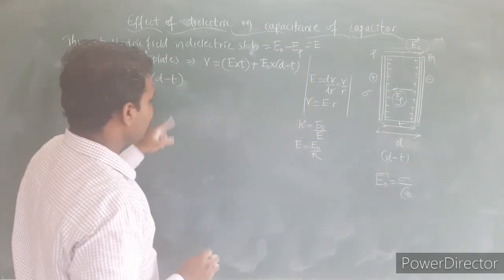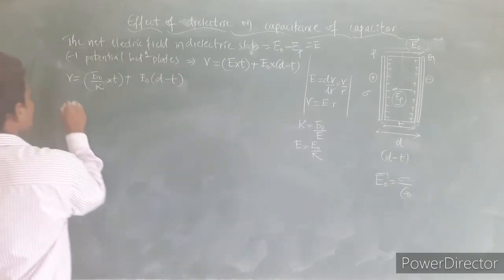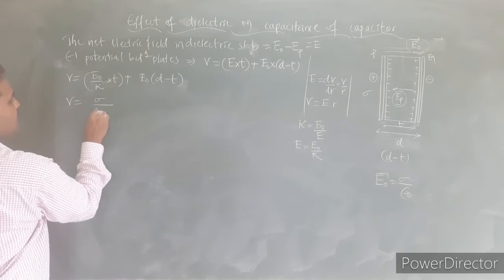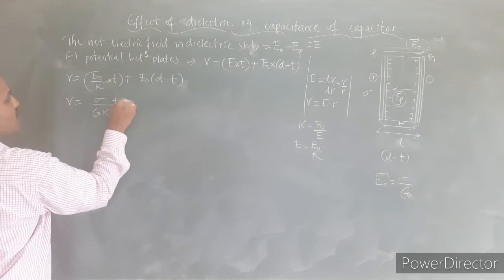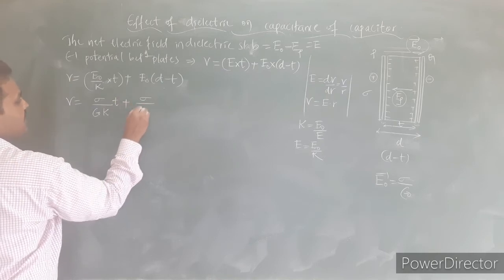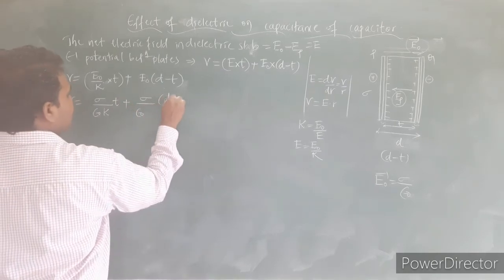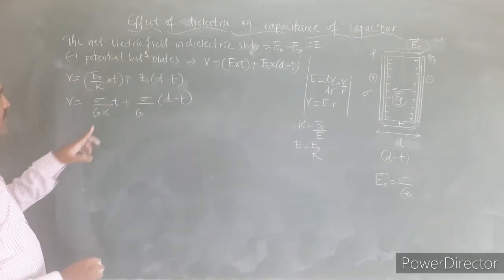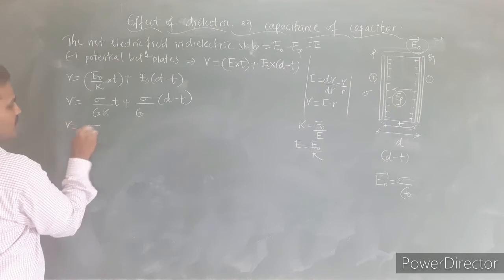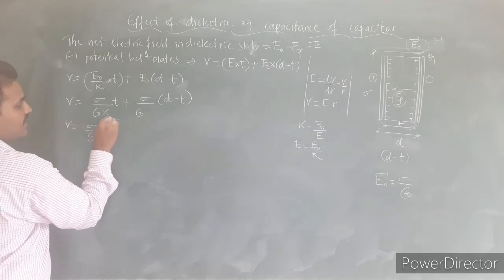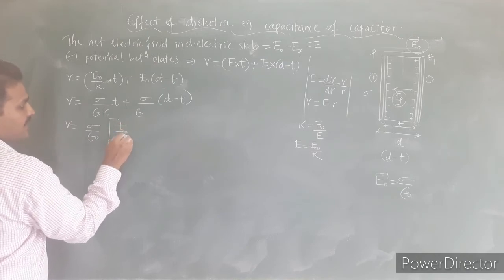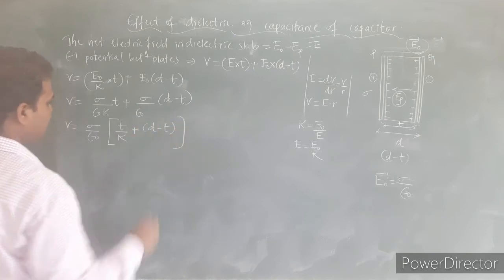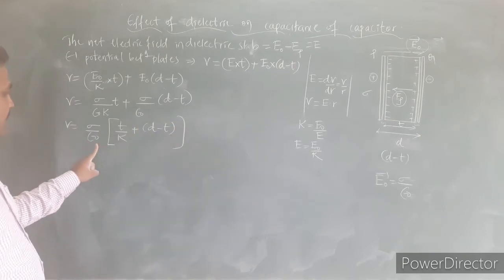By using that relation, I can write V is equal to sigma divided by epsilon naught into K into T plus sigma divided by epsilon naught into D minus T. Here sigma divided by epsilon naught is constant, so I can take it outside. V is equal to sigma divided by epsilon naught, and inside the bracket I write T divided by K plus D minus T.